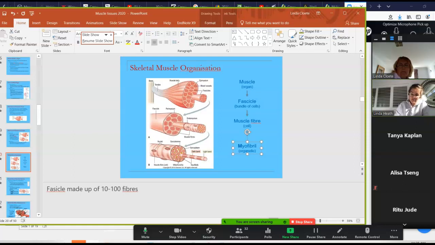What else? Excitability. Yes, it's excitable, it can be stimulated to contract. What else? What about its shape?